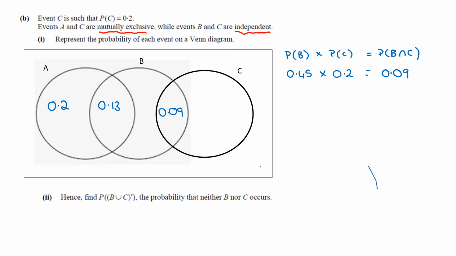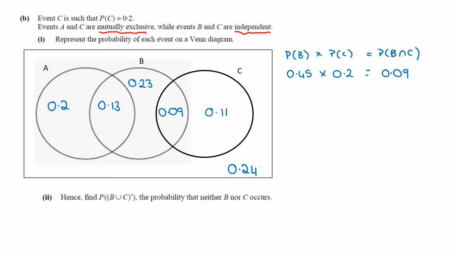So what does that leave us in here for B? That's 0.23. And here in C, 0.11. And working that out, we get 0.24 in our universal set, but not in set A, B, or C. So that's a case where we're using our independence to figure out that intersection.